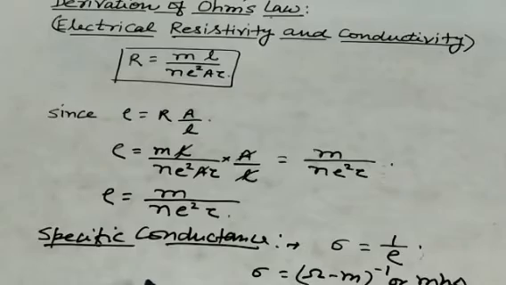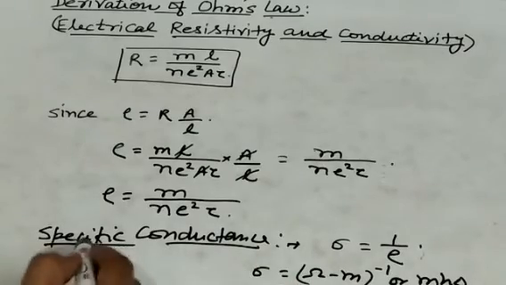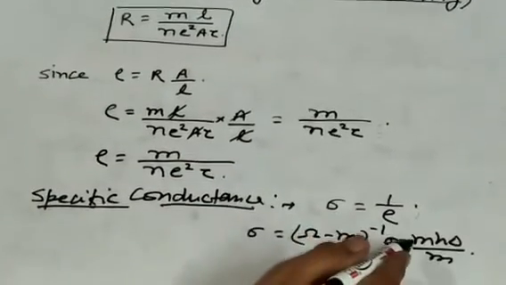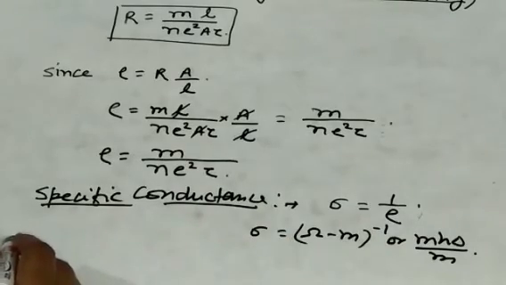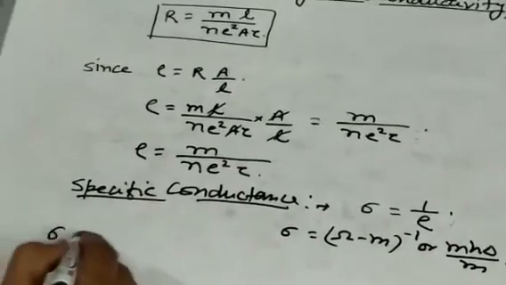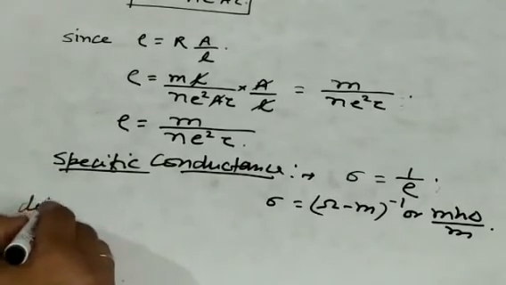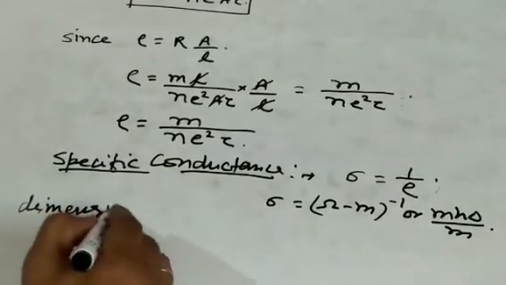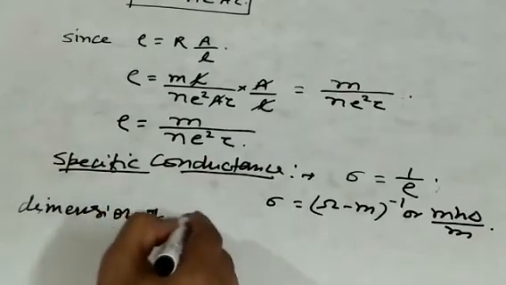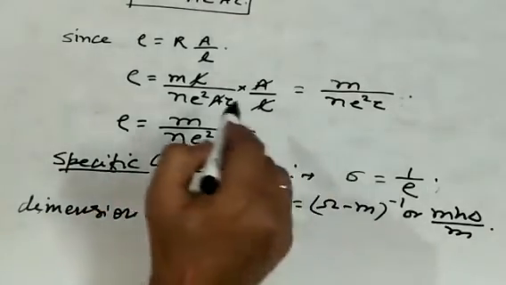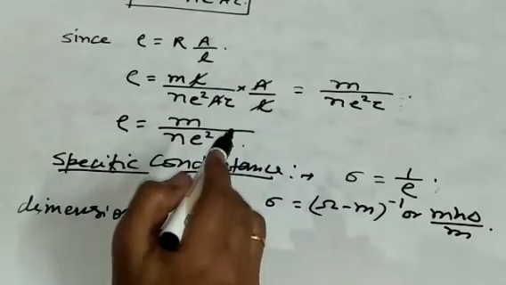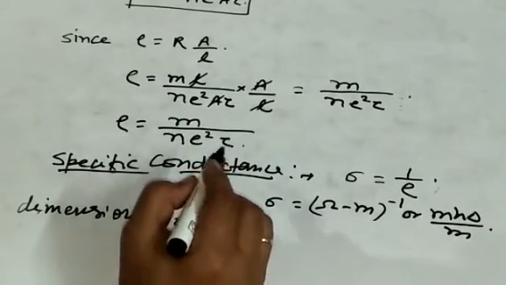So in this way we can find the specific conductance and its unit, and the dimension of specific conductance, the dimension of sigma. So simply the reciprocal of the dimension of specific resistance.